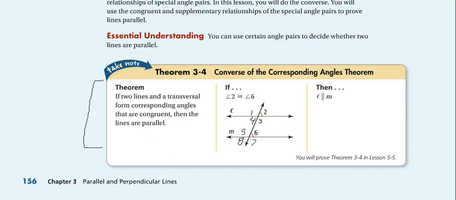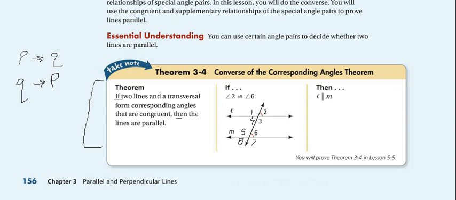So we talked in our last lesson 3.2 about the corresponding angles theorem. Now this is the converse. So remember, we have if P then Q as a conditional, and our converse is just switching those. So we have our if-then statement, and our converse from the last one is just switching it up.